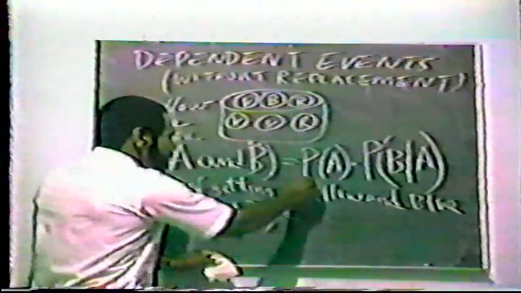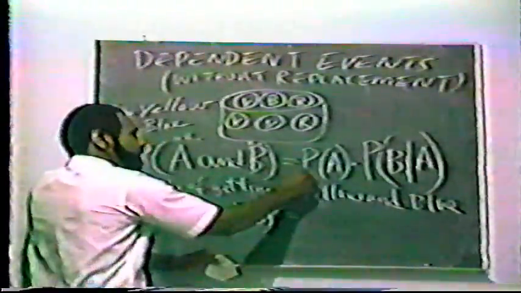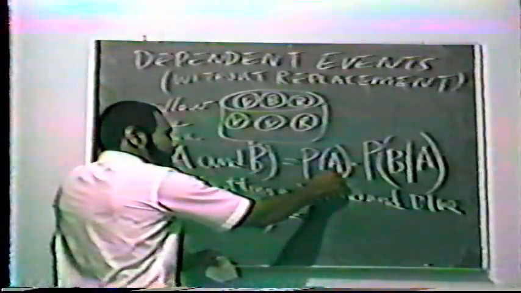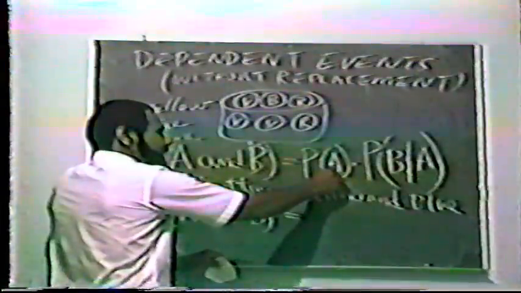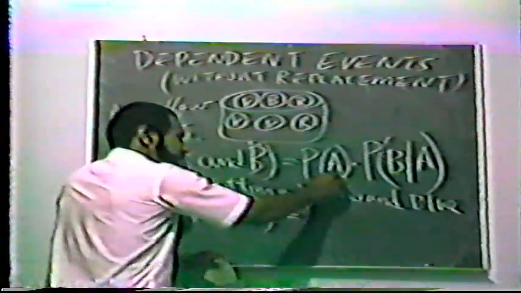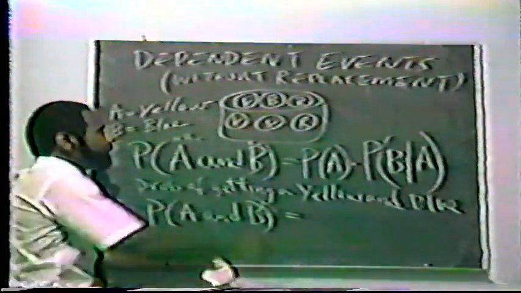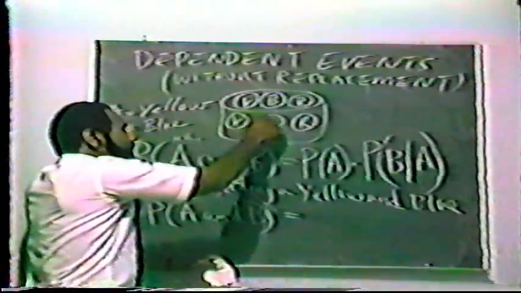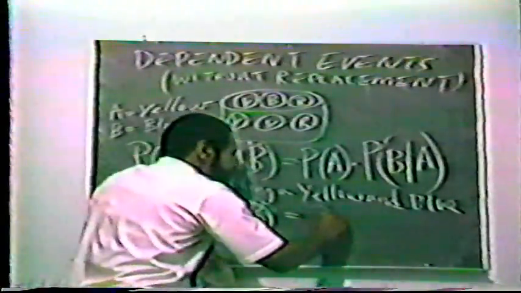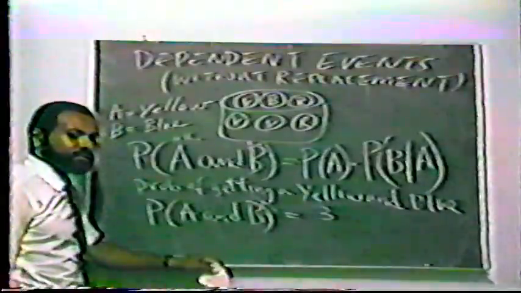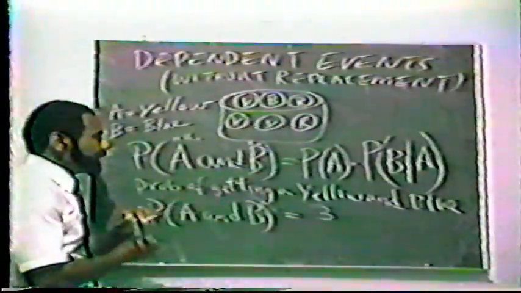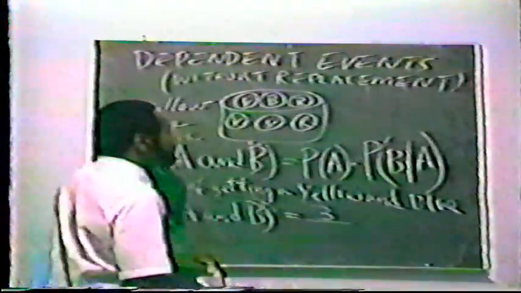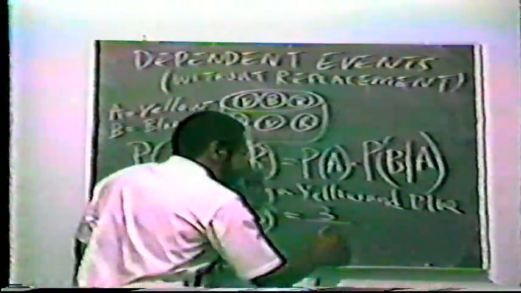Now, we take the simple probability of A, which is the simple probability that we have a yellow ball. That's what that represents, because we said A is the yellow ball. If we're looking at yellow balls, we have 3. This is on the first trial. The total number of balls is 6.